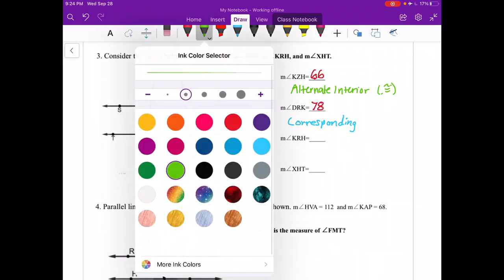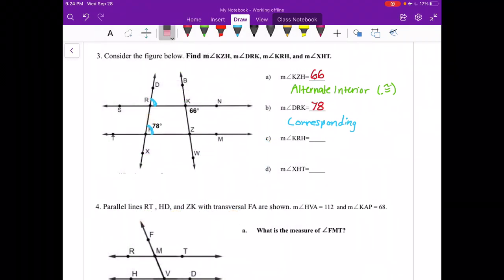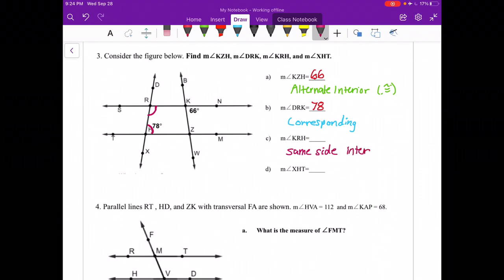Now let's move on to part C so that we can find KRH. KRH is this angle right here. And if we compare it to this angle that we're given, you'll notice that these two angles are same side interior angles.